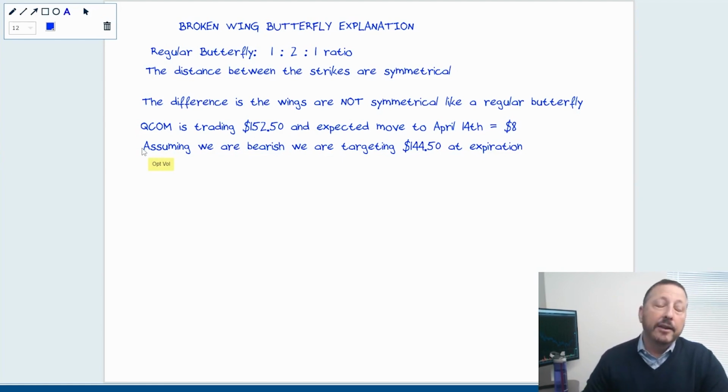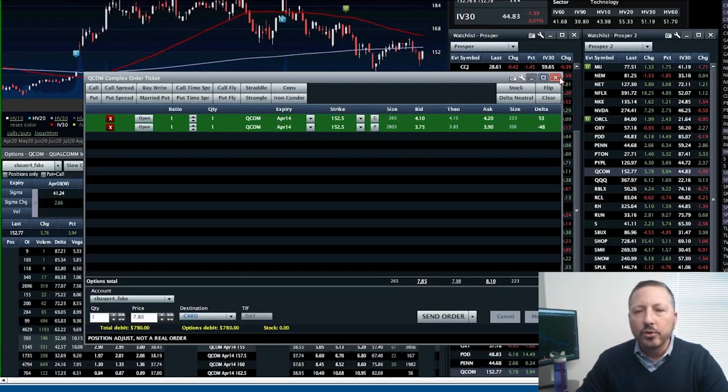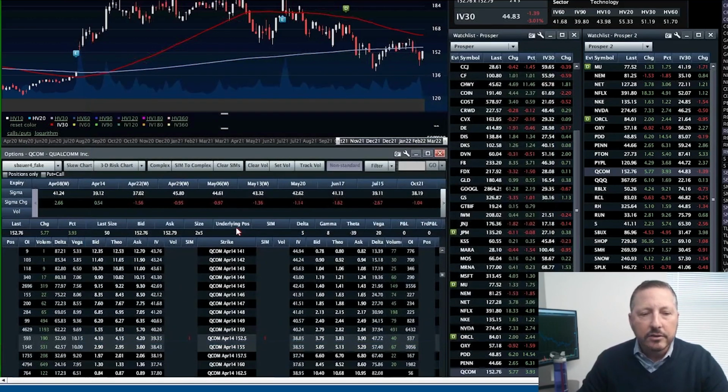Now I can tell you there's not going to be a 144.5 strike. So what we want to do in that instance is always target the strike closest to where we think the stock is going. In this case, we could either choose 144 or 145. We're going to keep 145 just for mathematical purposes here.